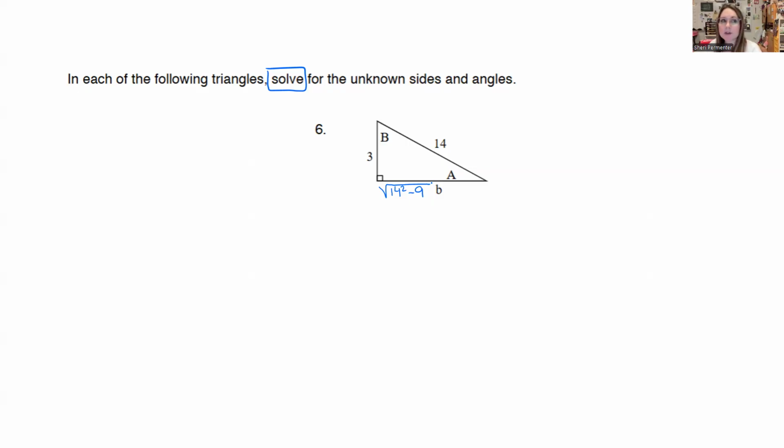Only type in the stuff underneath the square root. Type in 14 squared minus 9. Could you, if you had to, on a test, do 14 squared off on the side of your paper? Yes. Okay. Well, for convenience sake, we're going to type it in the calculator. So 14 squared minus 9. Okay, and we got to subtract 9.